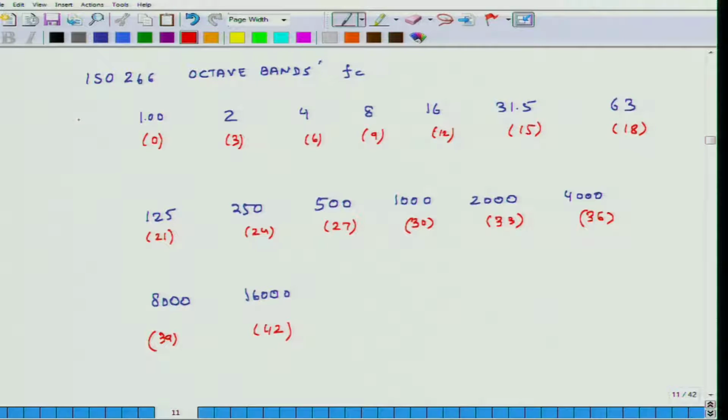So this is my center frequency, this is my band number, and these are center frequencies.